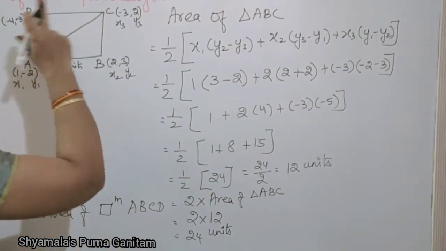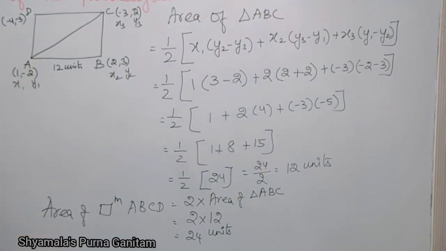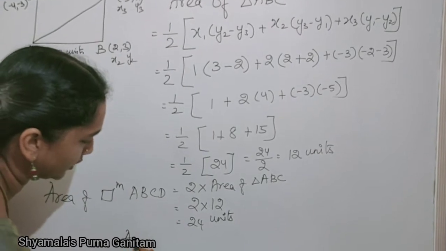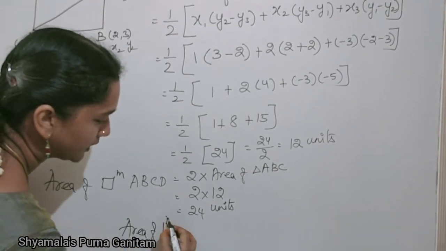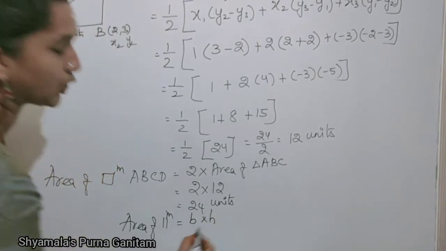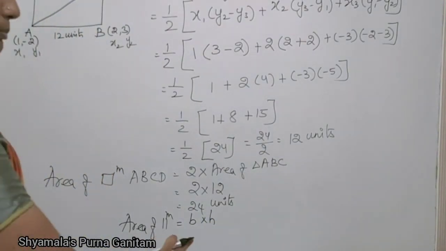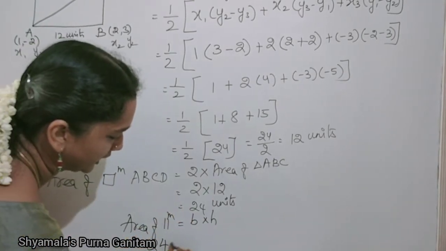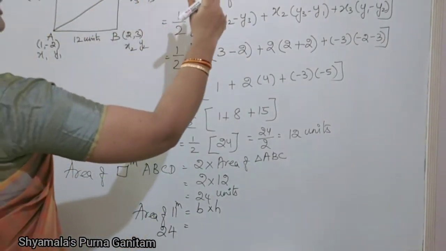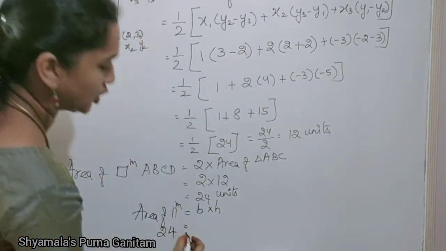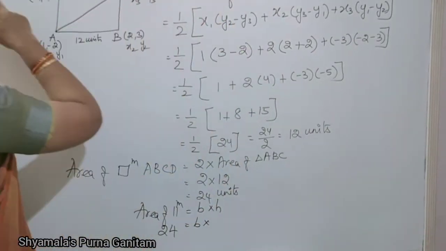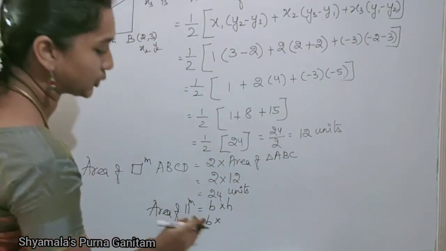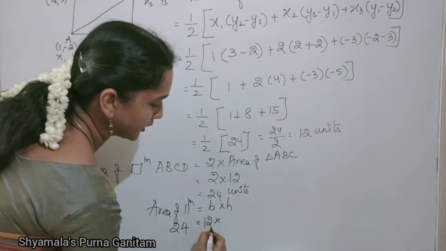Okay. Then, you are asked to find the height of the parallelogram. We know that the area of a parallelogram is equal to base into height. This is the formula we have learnt already. The area of the parallelogram is 24 here, and the base is given as 12 units.